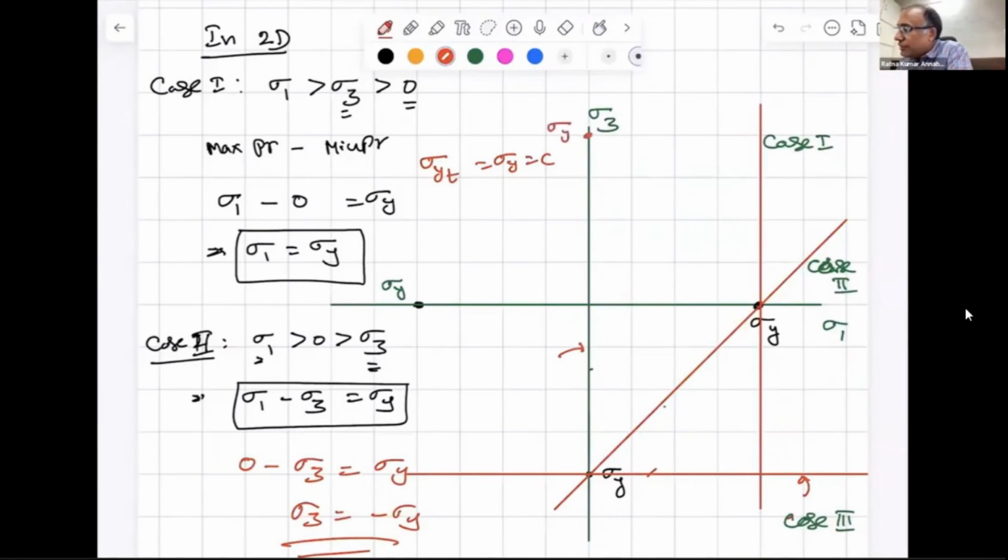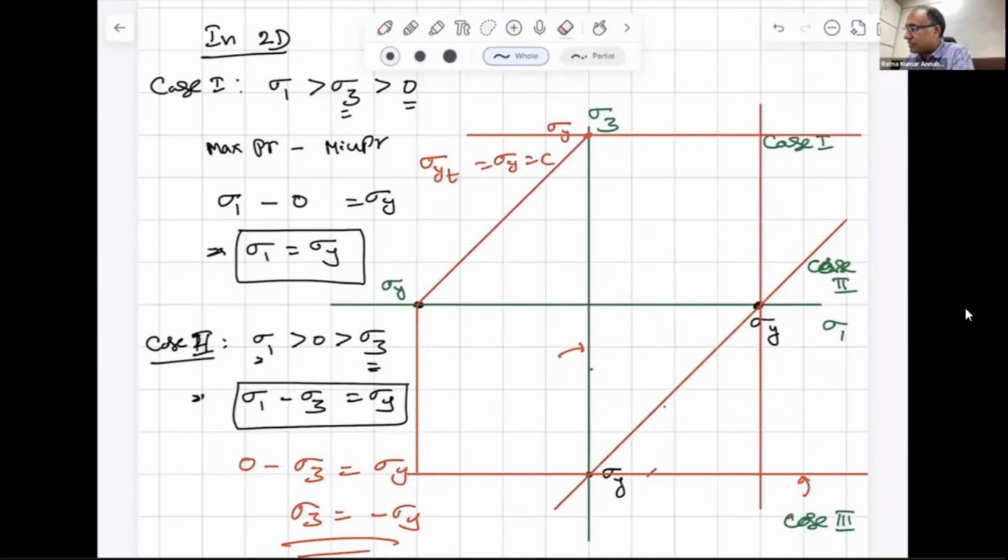That is another sigma y. And if you would draw, that is one line. That is another line. This is another.